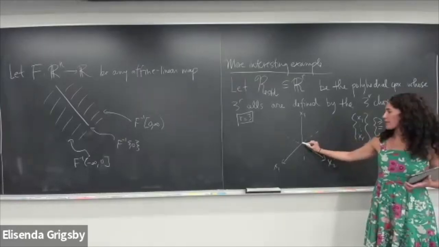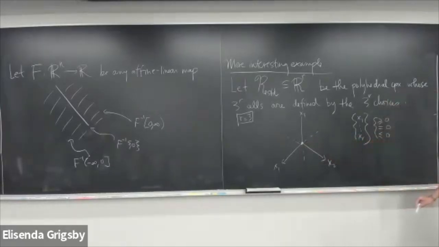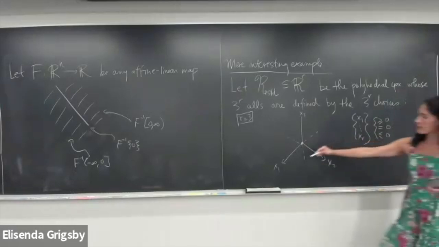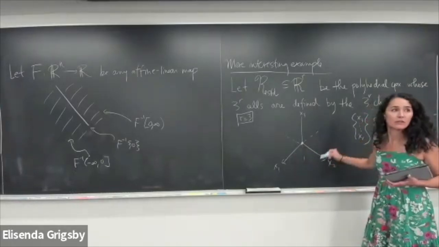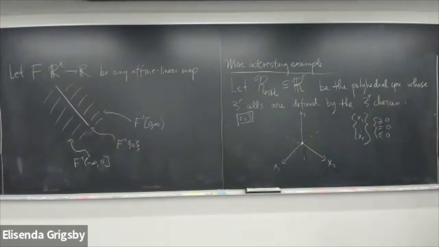You can see that there are 27 cells here. You put in these guys too. The 2-cells correspond to making one of them equal to 0. The 1-cells correspond to making 2 of them equal to 0, etc. Okay, so there's a nice standard polyhedral complex inside of R^r for any r.